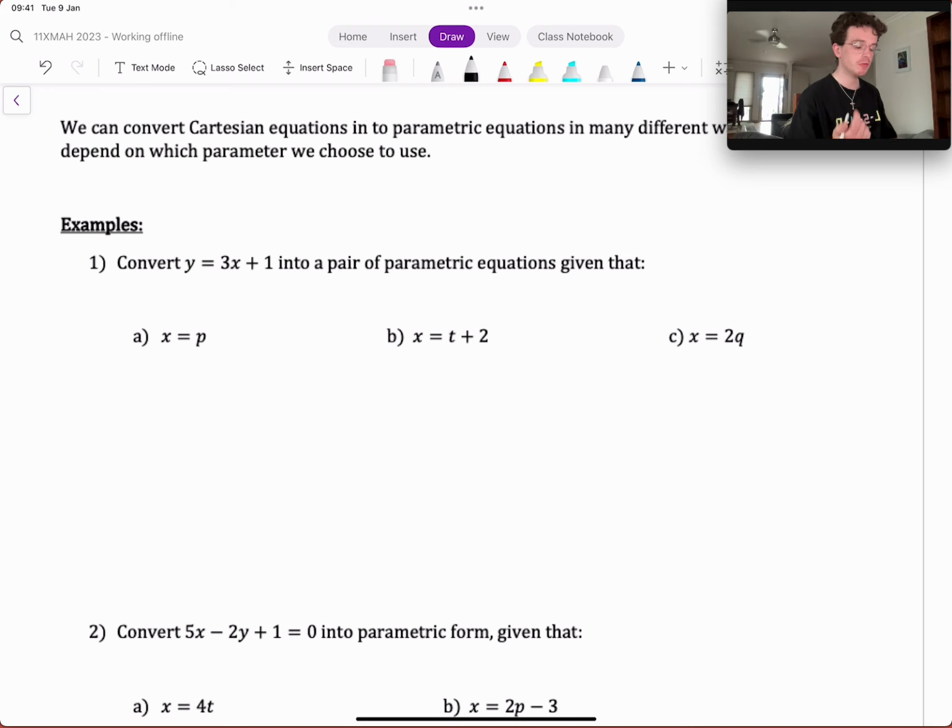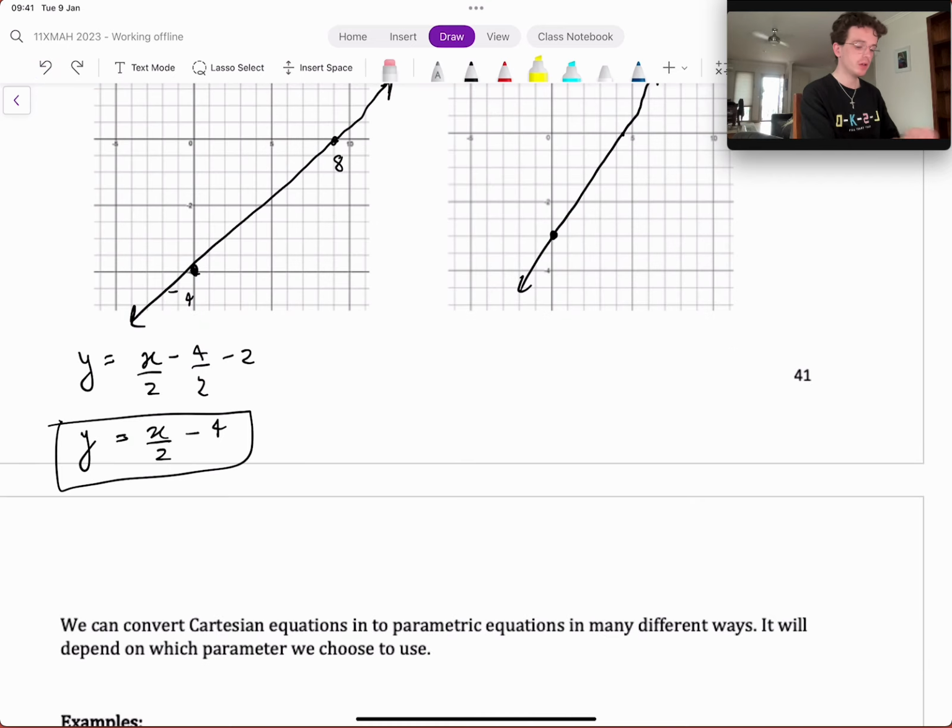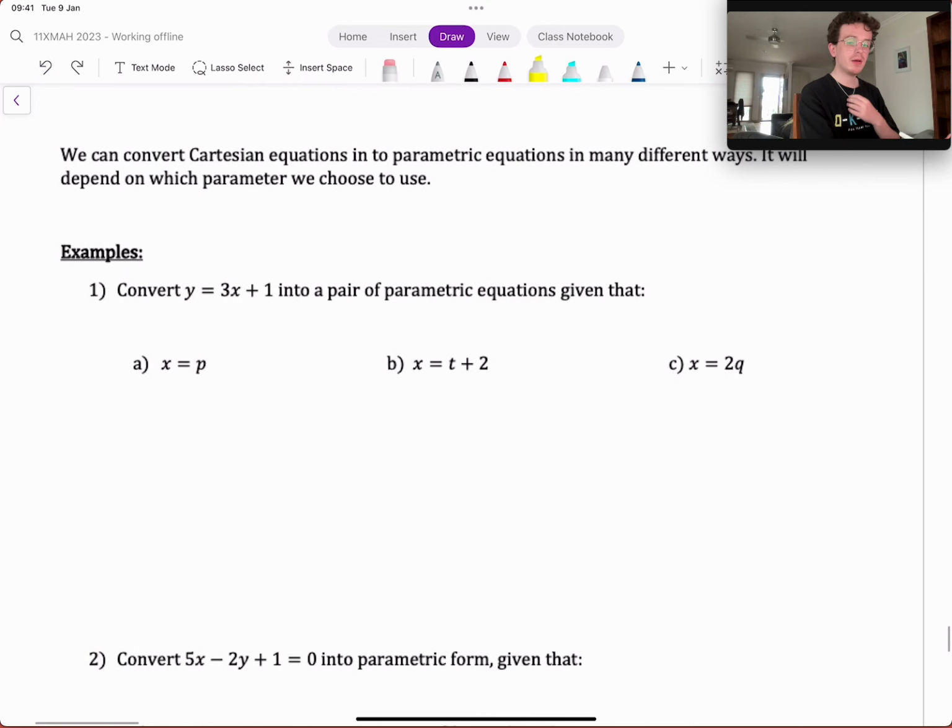We can have many different ways of defining our parameters. So we can't just convert between this and parametrics without already being given, like we are in these questions, a parameter. So we need to be given a parameter to have a pair of parametric equations.